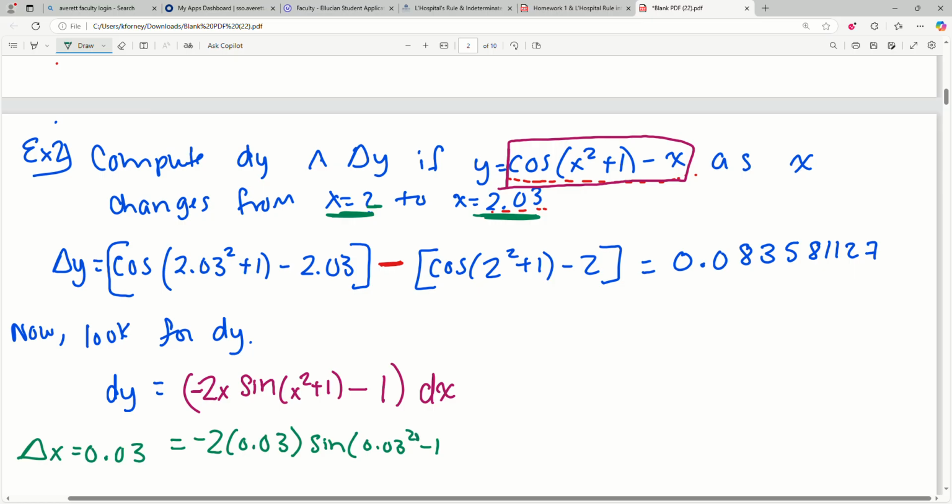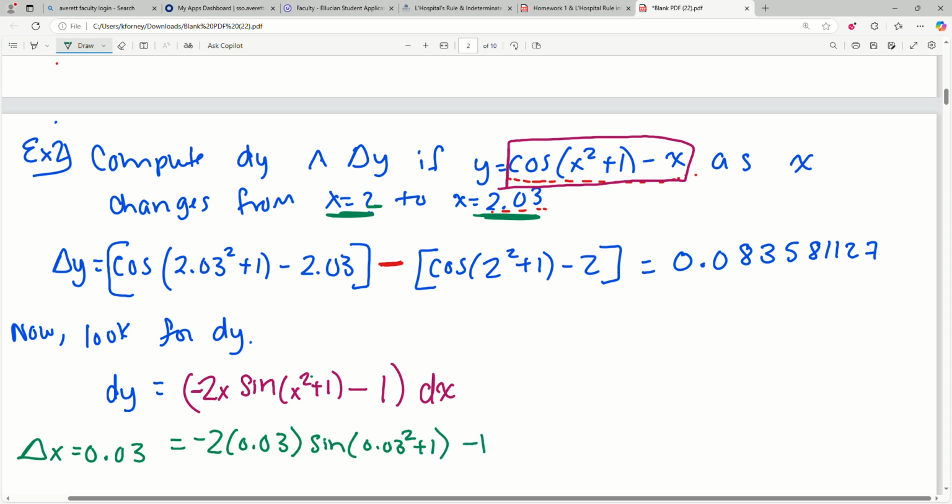Hold on, that needs to be a closed parenthesis. No, hold up. This should be 0.03 squared plus 1 in parentheses. That minus 1 is out.